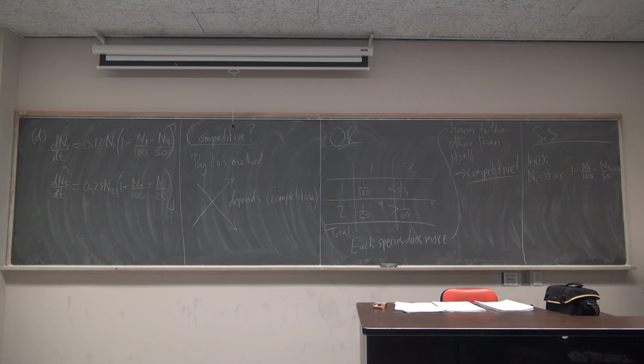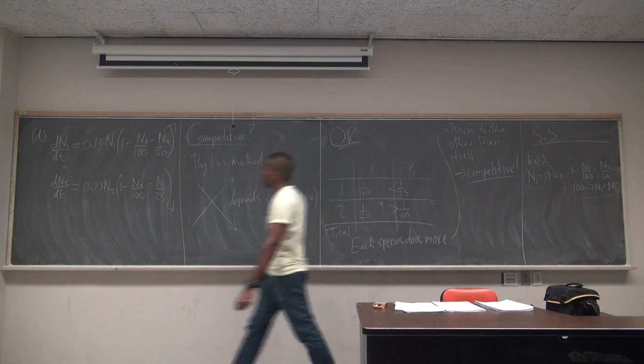I can multiply by 100, that's the LCD. And so that would give me 100 minus 2n2 is equal to n1. So I have 2 situations, n1 is either 0 or n1 is that. And then I plug them into the second one.